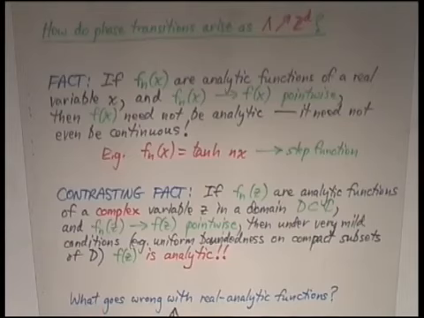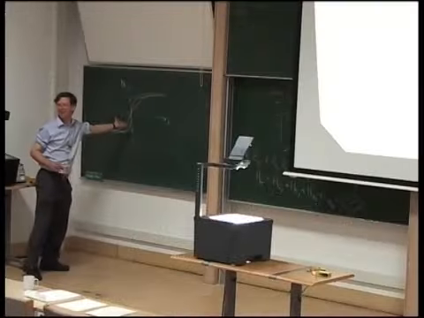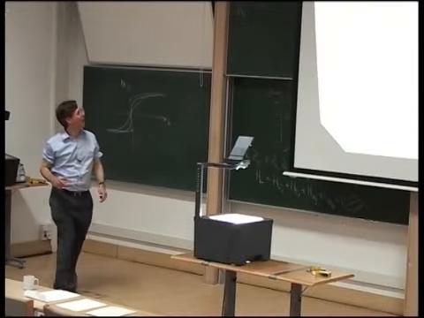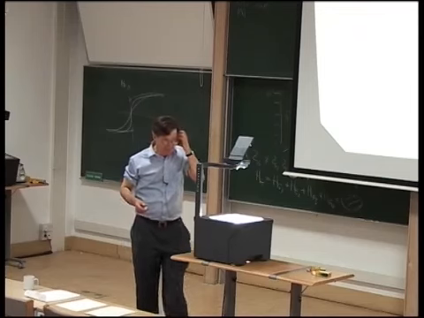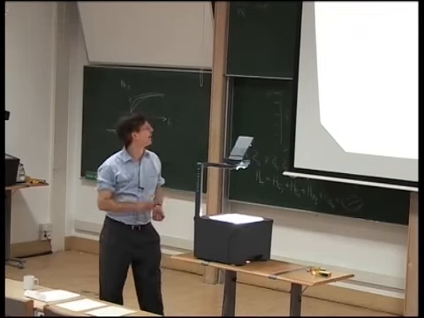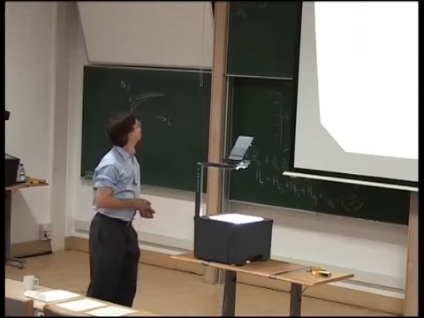Right? You learn that in your first analysis course, and the prototypical example is Fn of x is hyperbolic tangent nx, which converges as n goes to infinity to a step function. In fact, it looks quite a lot like the Ising model. Okay, no problem. That's a well-known fact about real analysis.